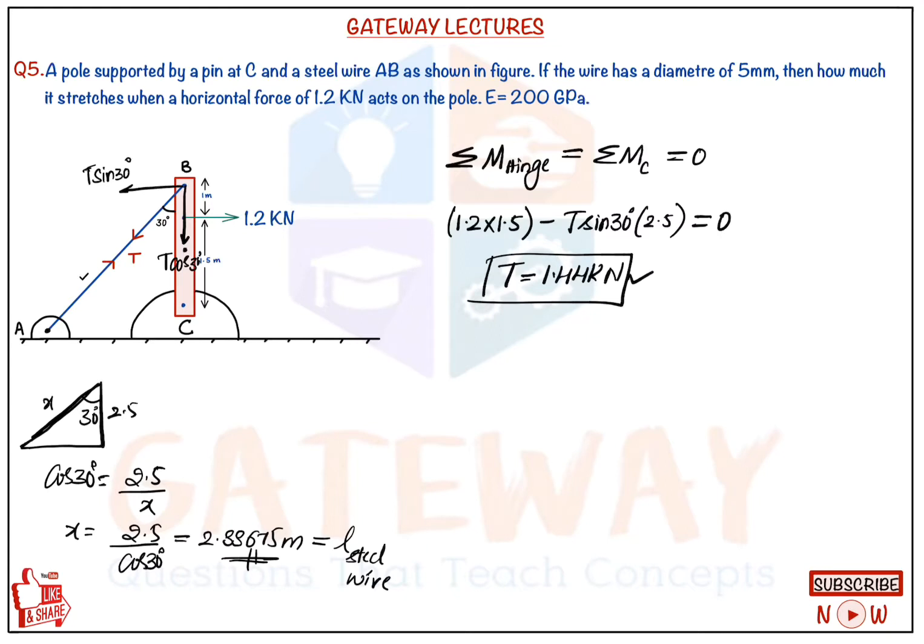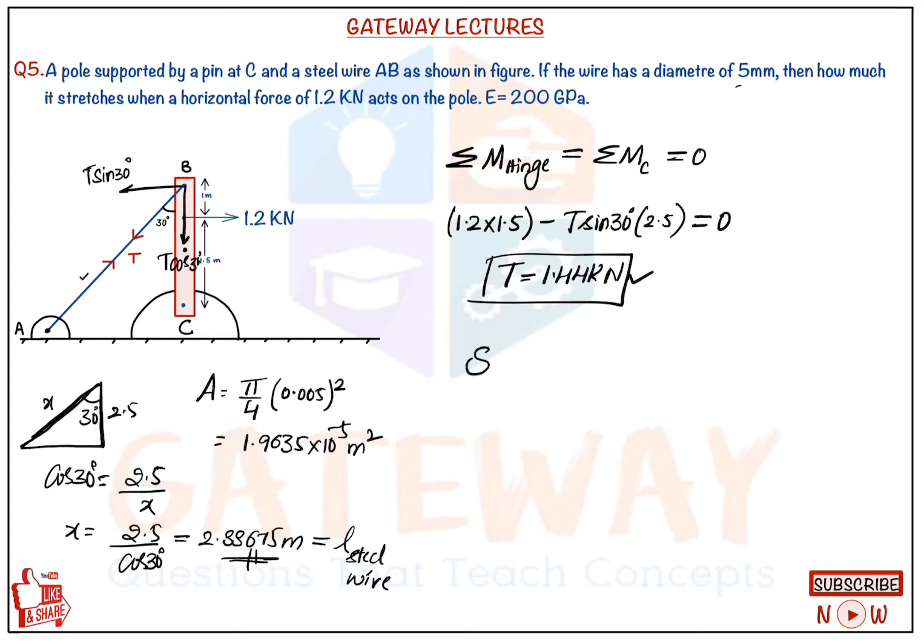So length is known, force is known, and area: area is equal to pi by 4 into d squared. Diameter is given as 5 mm, so 0.005 meter, and the value of area is 1.9635 into 10 power minus 5 meter square. So tension is known, length is known, area is known, Young's modulus is known.